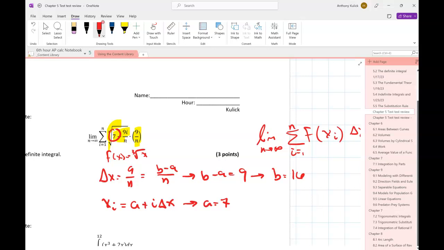Well, b minus 7 has to equal 9. So I just have the integral from 7 to 16 of the cube root of x dx, and I'm done. Right? This is purely testing if you know the definition of these things, which is lovely because you don't get an equation sheet, so you legitimately have to have that memorized. I know.